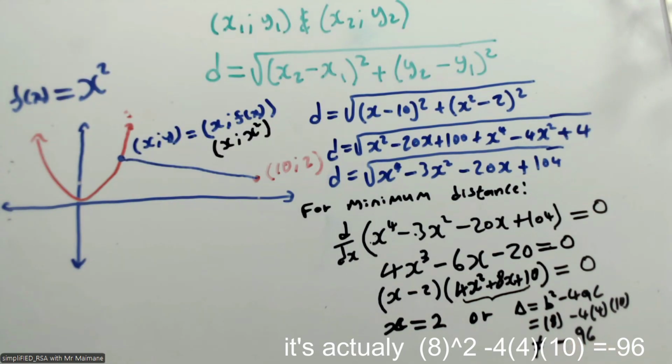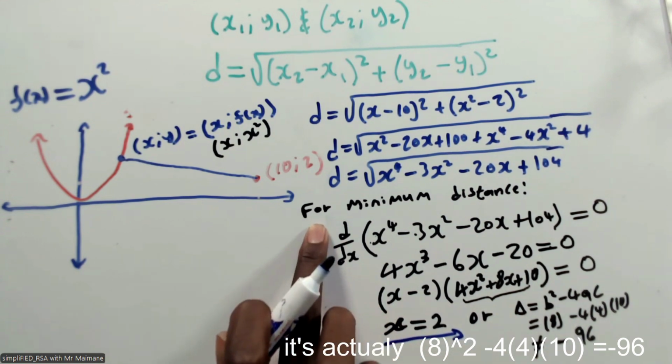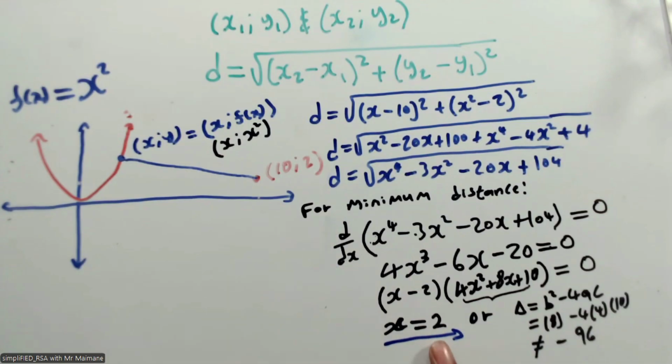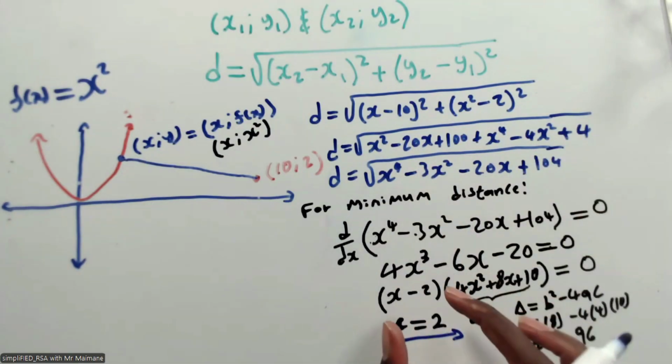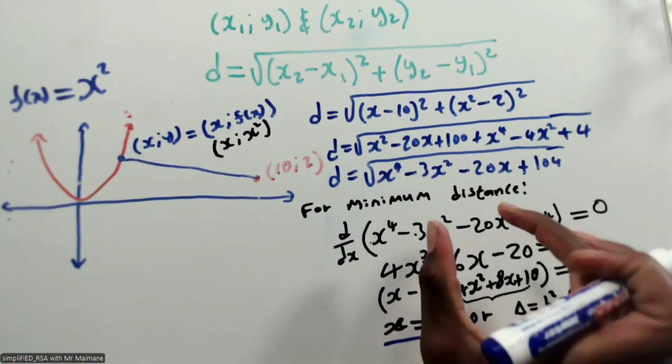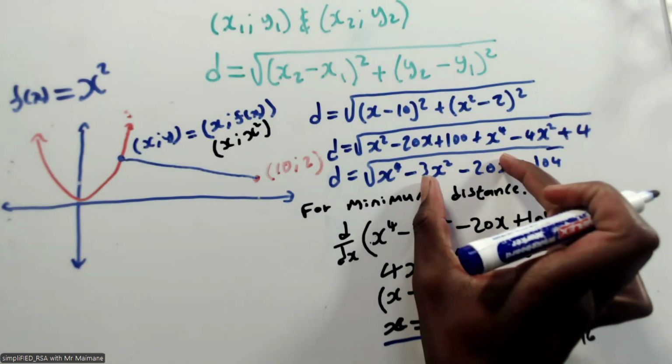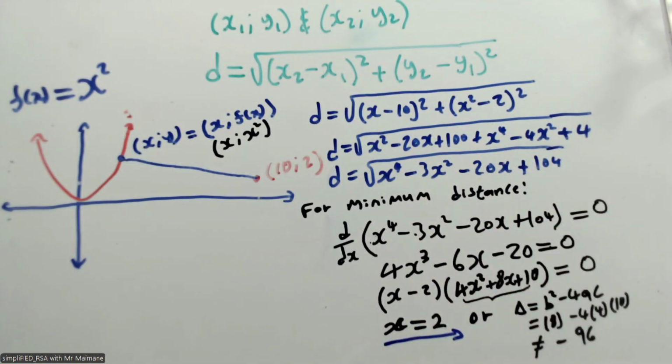Meaning the value of x is only 2 when we get the differential value. So for the minimum distance, it means the minimum distance is only at x equals 2. Now that you know where the minimum distance is, you take that value and substitute it in your distance formula, such that our answer will come from that.